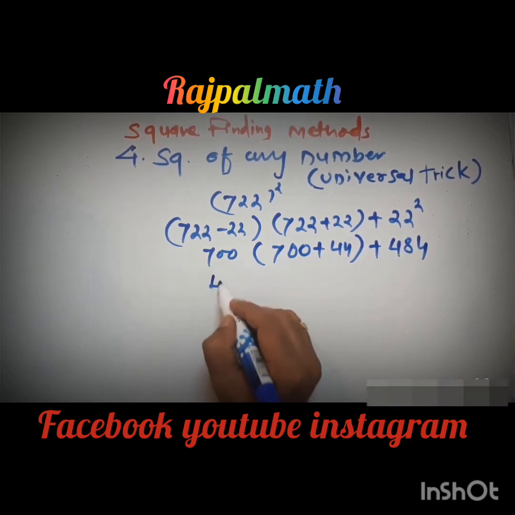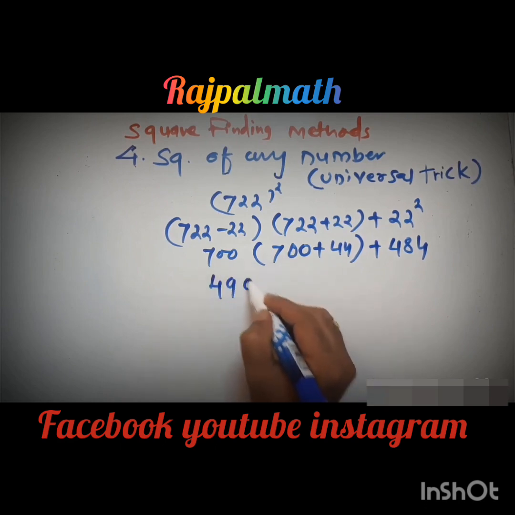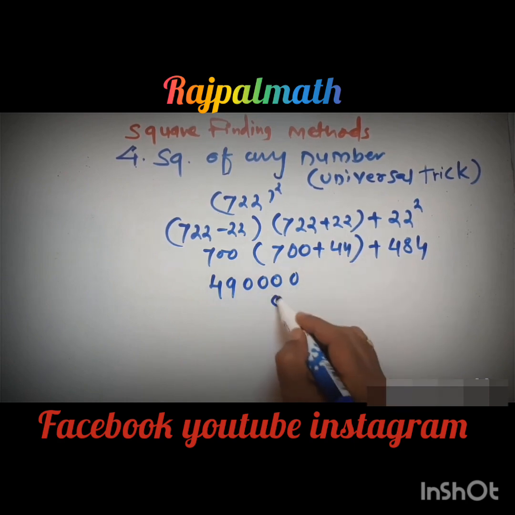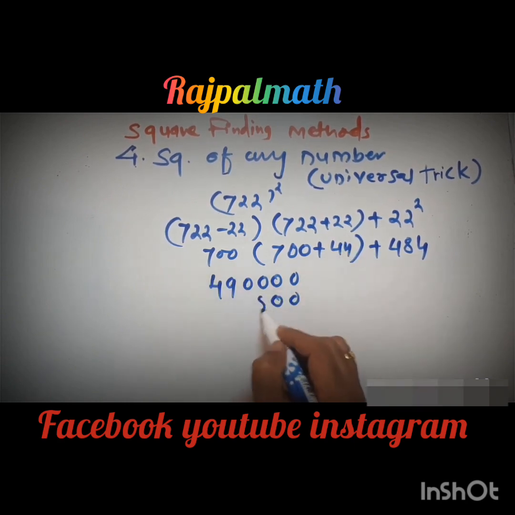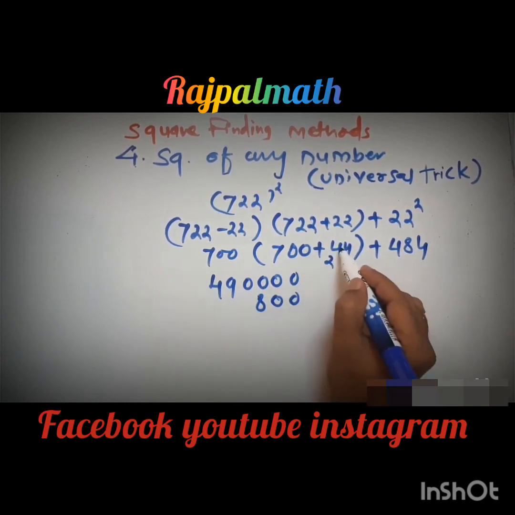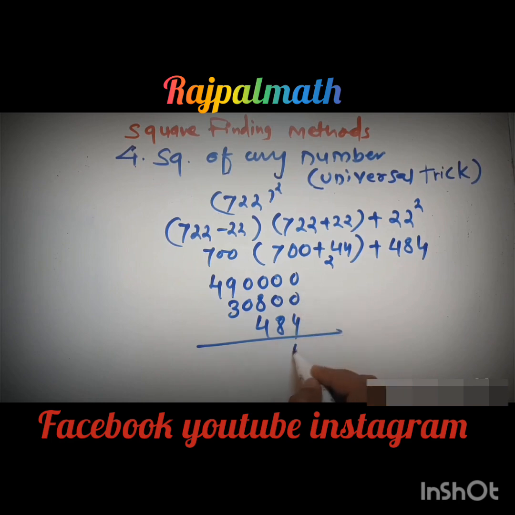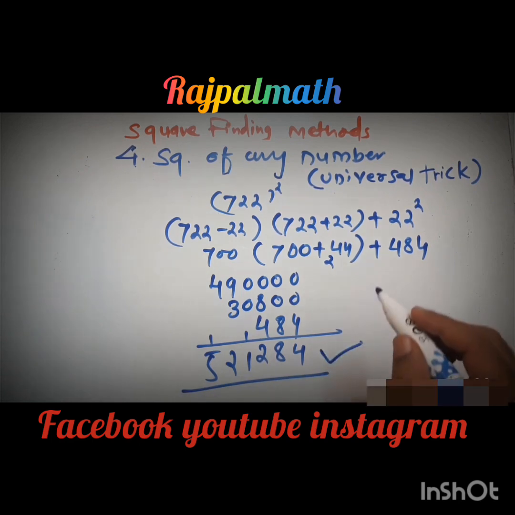So 700 into 700 is 49 with 4 zeros. 700 into 44 will be 7 into 4, 28, carry 2, 7 into 4, 28 plus 2, 30, and 484. So my answer is 4, 8, 8 plus 4, 12, carry 1, 9 plus 3, 12, carry 1, 5. 521,284 is the square of 722.